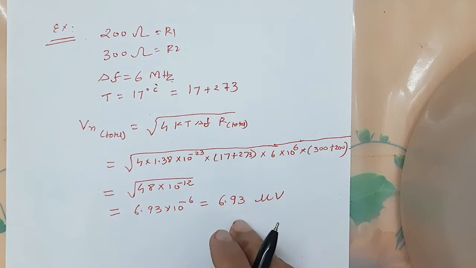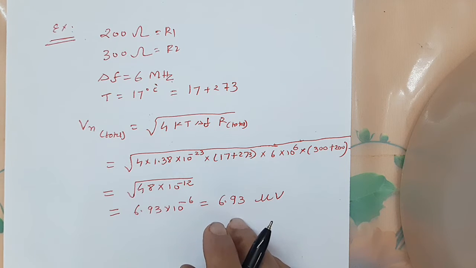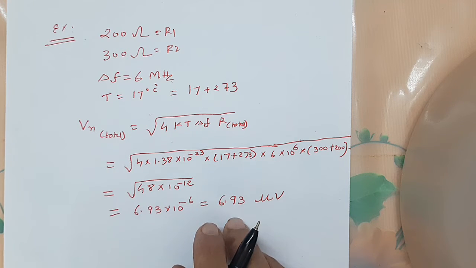I repeat the example. Calculate the noise voltage at the input of a television RF amplifier using a device that has a 200 ohm equivalent noise resistance and a 300 ohm input resistor. The bandwidth of the amplifier is 6 MHz and the temperature is 17 degrees centigrade.